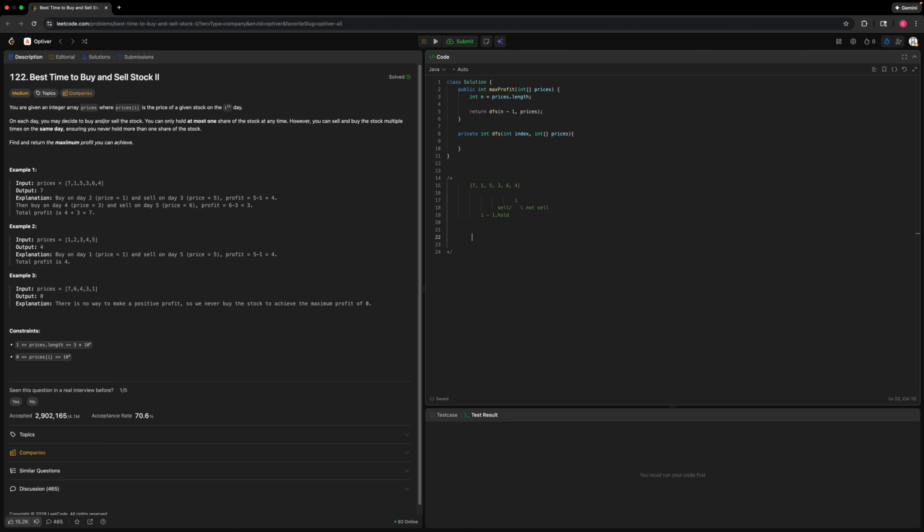Sell it, current minus 1, right? You have two options.